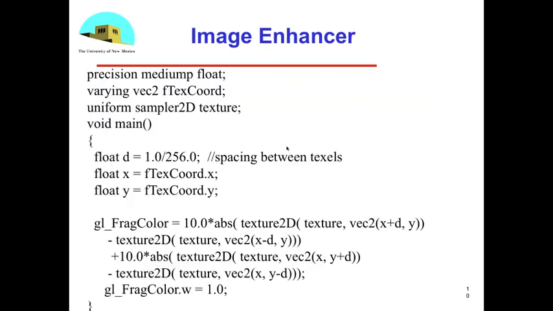What that does is say, okay, if I look at the differences in the X and Y direction, that's an approximation to the derivatives in the X and Y directions, and derivatives are what determine whether something's an edge or not. Actually it's the gradient in 2 dimensions: where that is high, I have an edge, and where it's low, I don't have an edge. And what if I take those values and use them to determine a new image that I actually output as my fragment colors? Okay, so here's the idea.